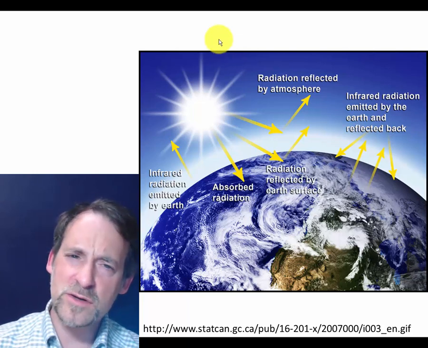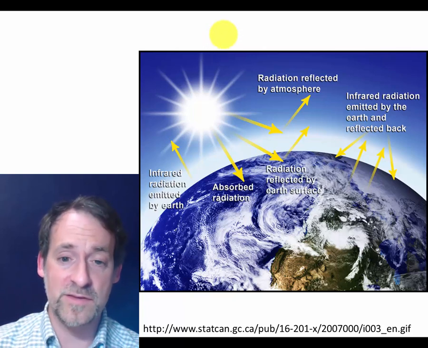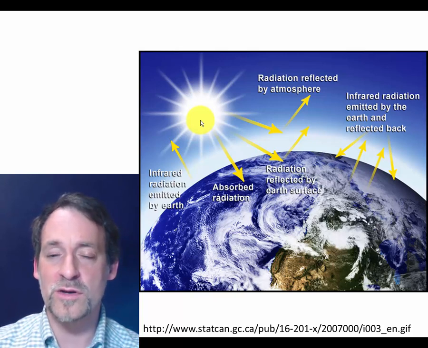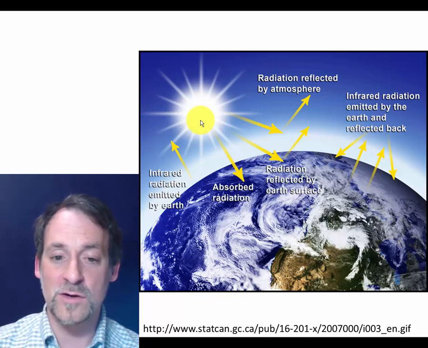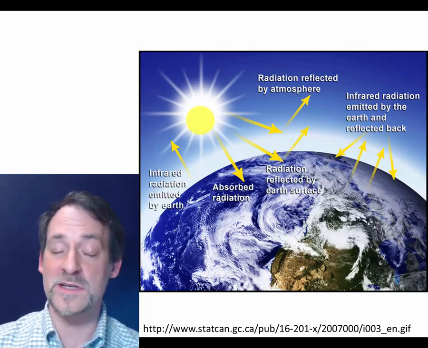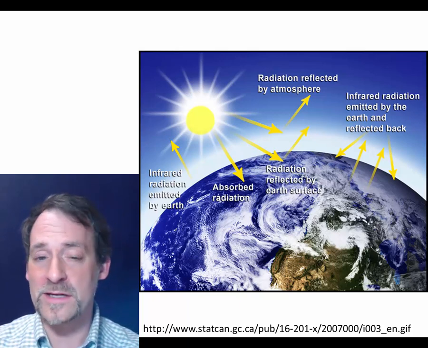Why does all this matter? Well, I imagine that you've heard this story, but I'm going to go over it very quickly in case you haven't. Sunlight comes in from the sun to the earth in a very broad array of wavelengths. There is infrared, there is visible light, there is ultraviolet, and there are wavelengths on either side of that that we're not going to worry about right now.